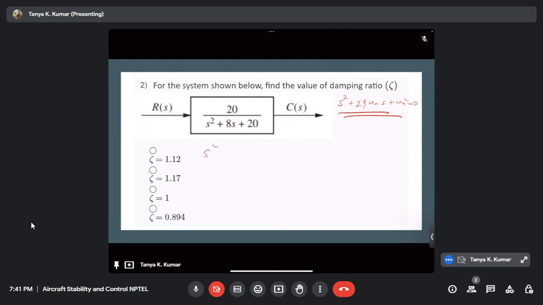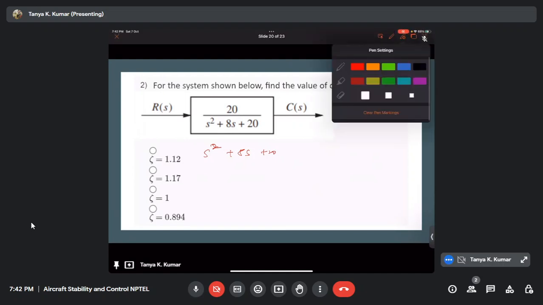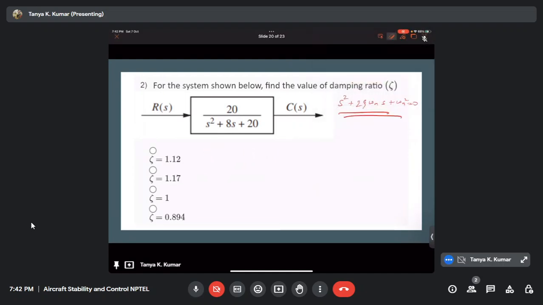So you have s square plus 8s plus 20. Let's write it neatly. s square plus 8s plus 20 is equal to s square plus 2 eta omega n s plus omega n square equal to 0. So you have omega n square equal to 20 and 2 eta omega n equal to 8.